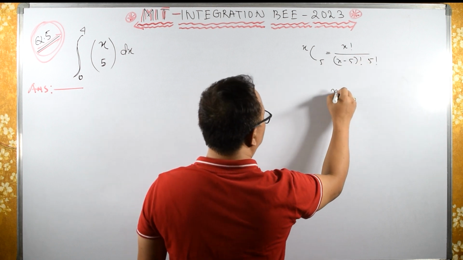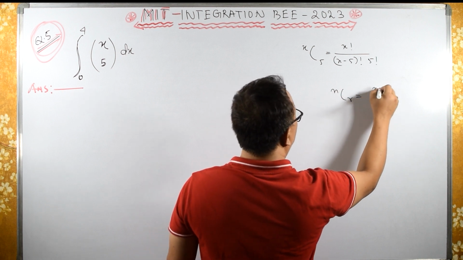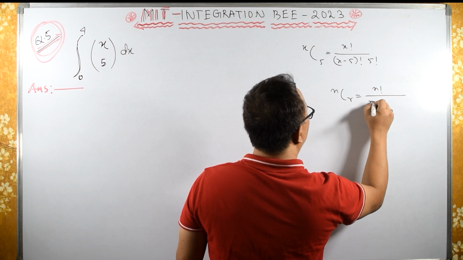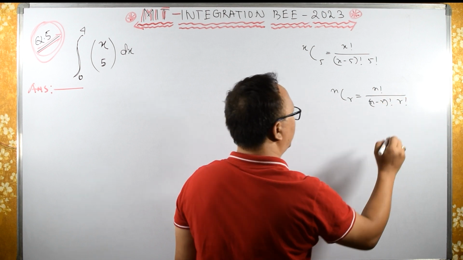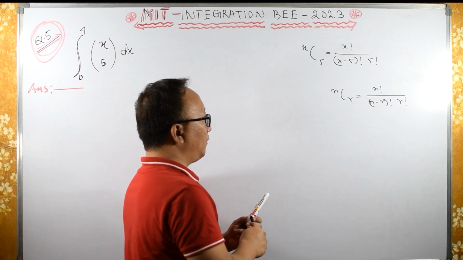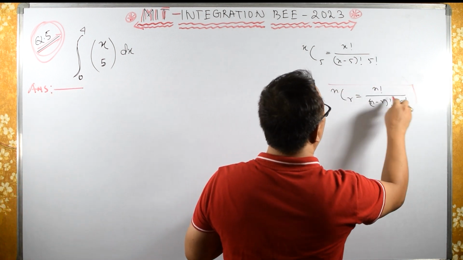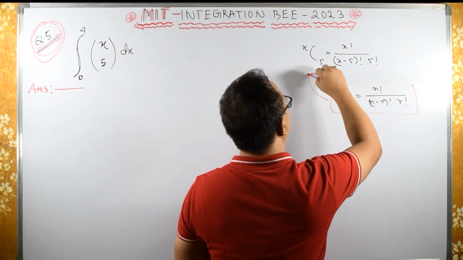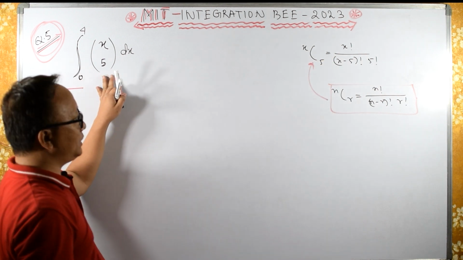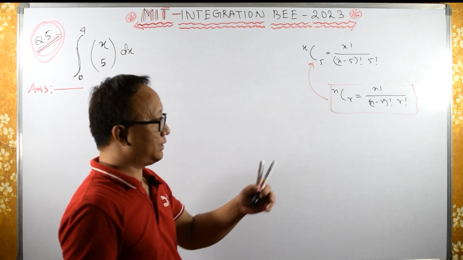Why? Because we have nCr equals n factorial upon n minus r factorial into r factorial. We have this formula, and from this formula we are getting this. So instead of this, we can write like this.